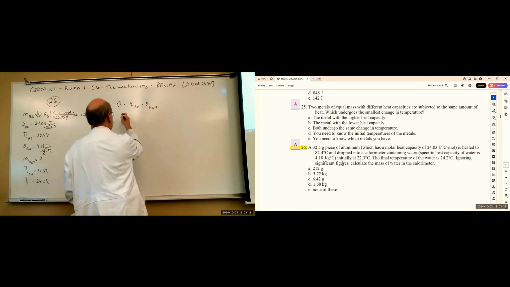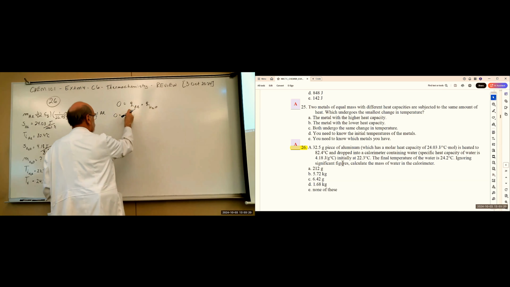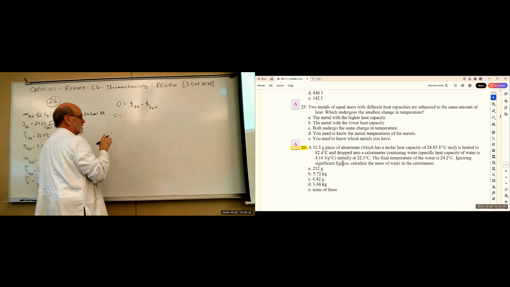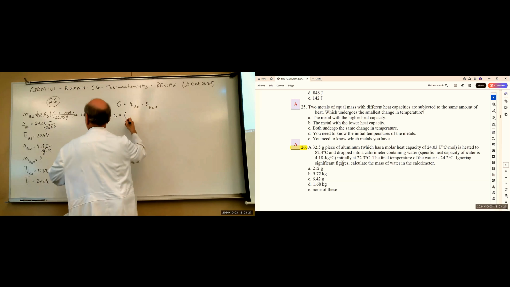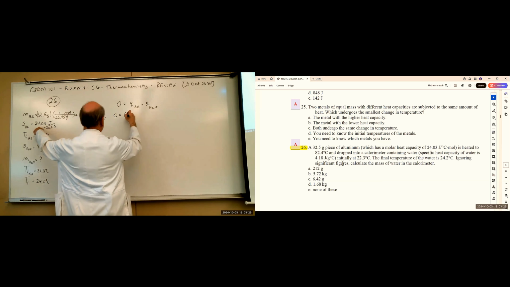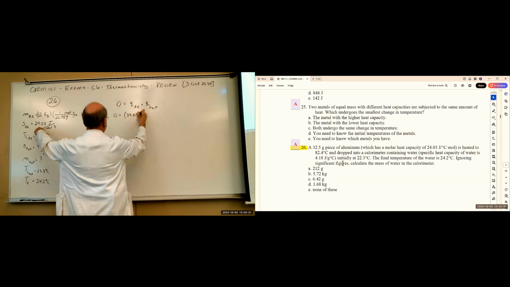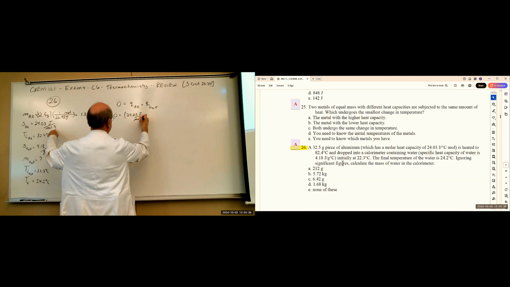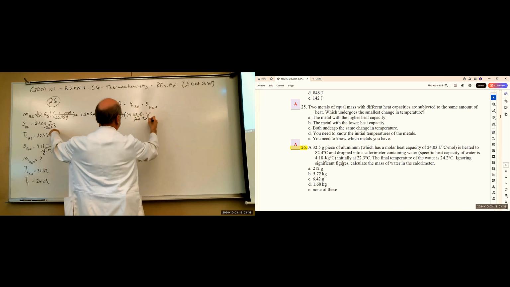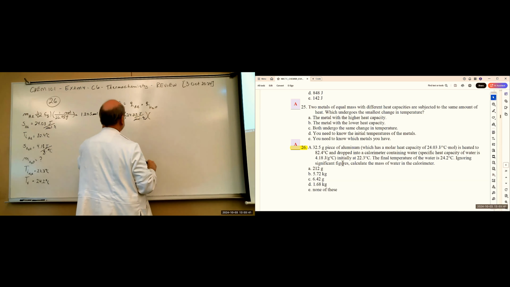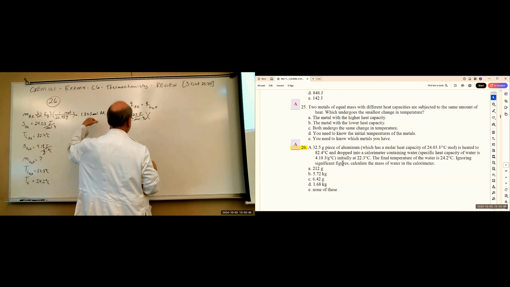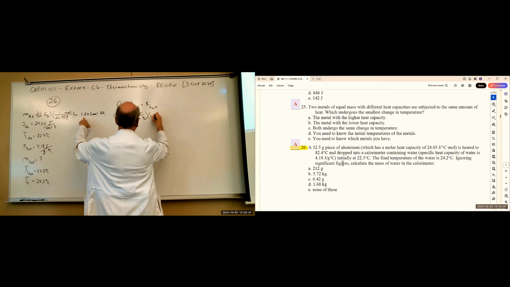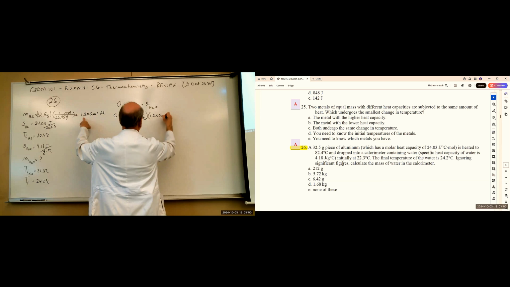So we have these two to calculate. So what's the Q for aluminum? Well, it's S M delta T, just like before. So this is our S value, 24.03 joules per mole degree C. And well, instead of mass, we have moles, so it'd be S N delta T. 1.205 moles.